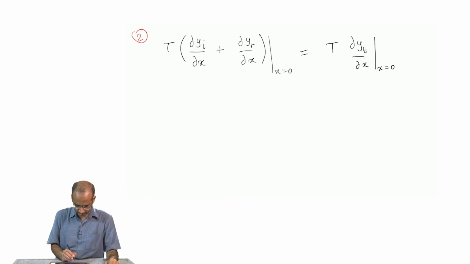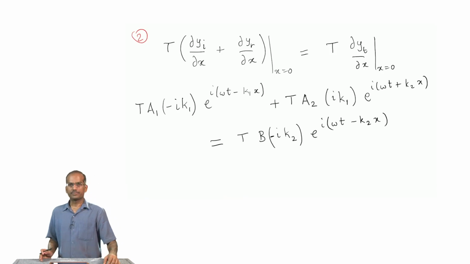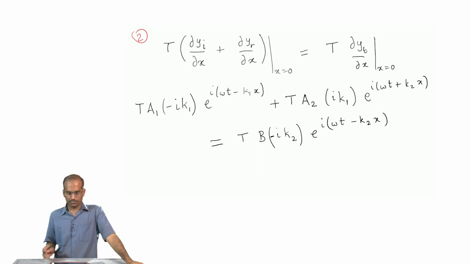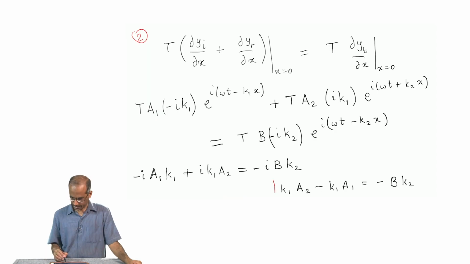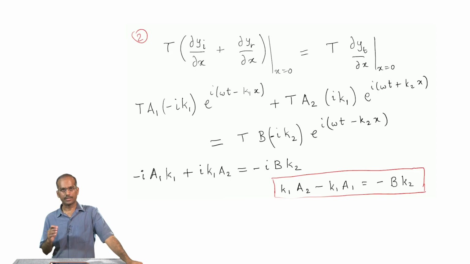I will get the following expression. So, I have the complete expression in front of me right now. It just requires one differentiation with respect to x to be done. Now, we need to just substitute x equal to 0 throughout. So, this is again a second expression that we have, which again connects a1, a2 and b, and there is also k1 and k2 involved.